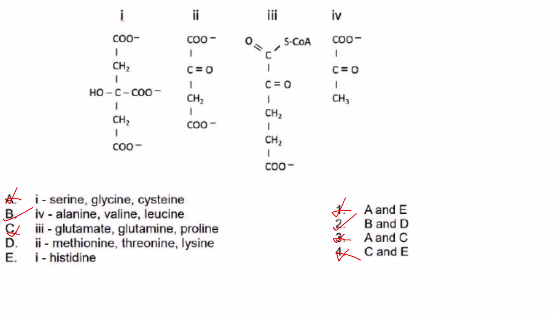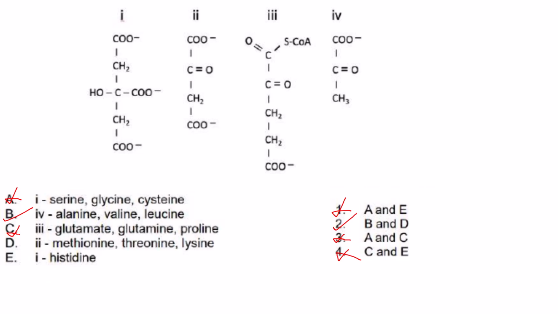Then the second one, they are saying it is involved in the synthesis of methionine, threonine and lysine. So that must be this one. Okay, 2 carboxylic groups, and the C double bond O is there. So it is oxaloacetate, and it is involved in the synthesis of aspartic acid, asparagine, methionine, threonine, lysine.